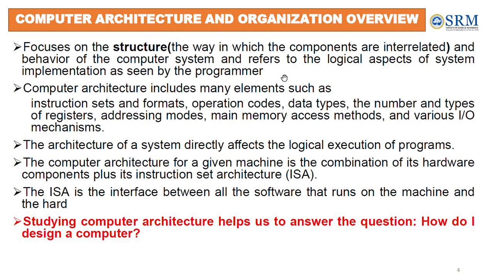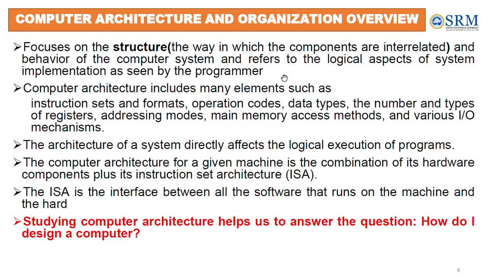So the computer architecture of a system directly affects the logical execution of the program. When we logically execute the code, it is based upon the architecture of the system. The computer architecture for a given machine is a combination of its hardware components plus its instruction set architecture.